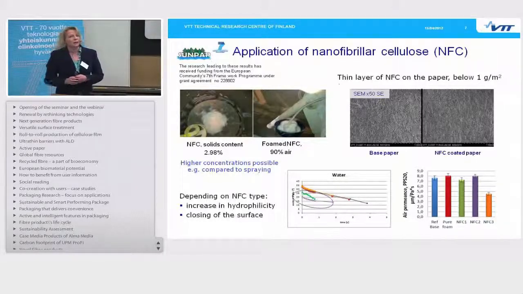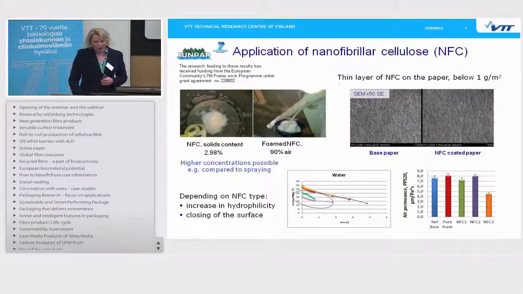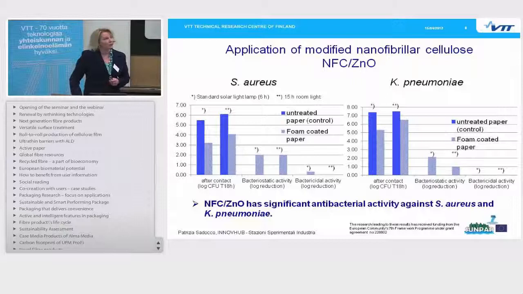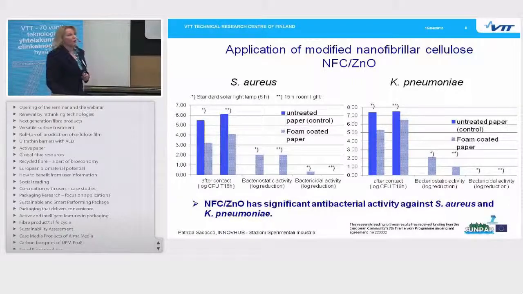But what was surprising was that even such a thin layer can change the paper surface properties. Depending on the nanocellulose types, there are contact angle results. Some of them make the surface more hydrophilic, and one type closes the surface. We have also applied modified nanocelluloses. Here are some results from the zinc oxide modified.